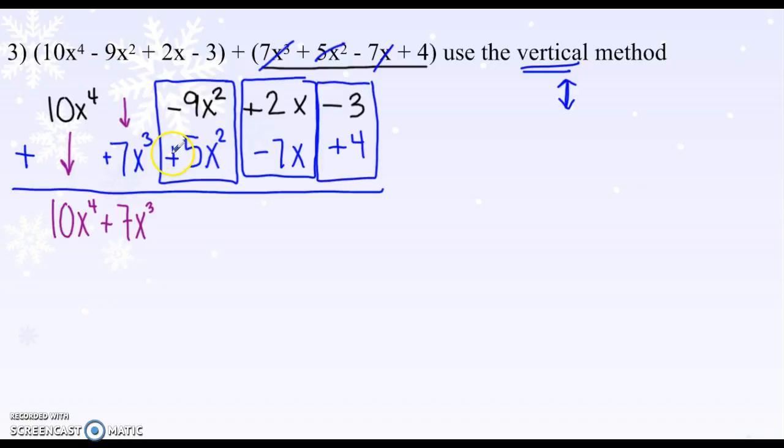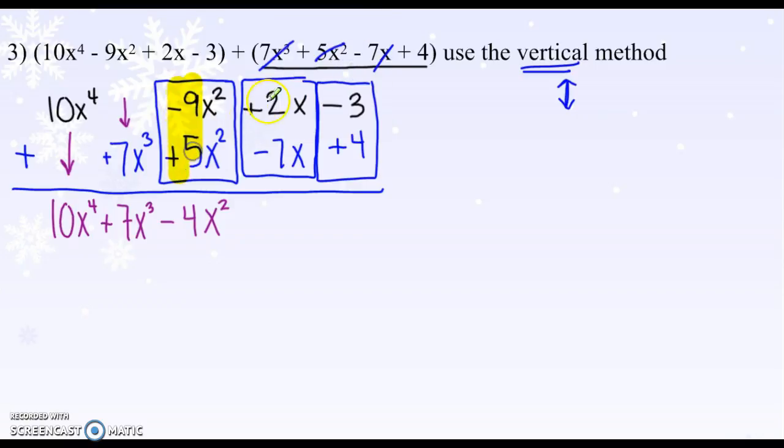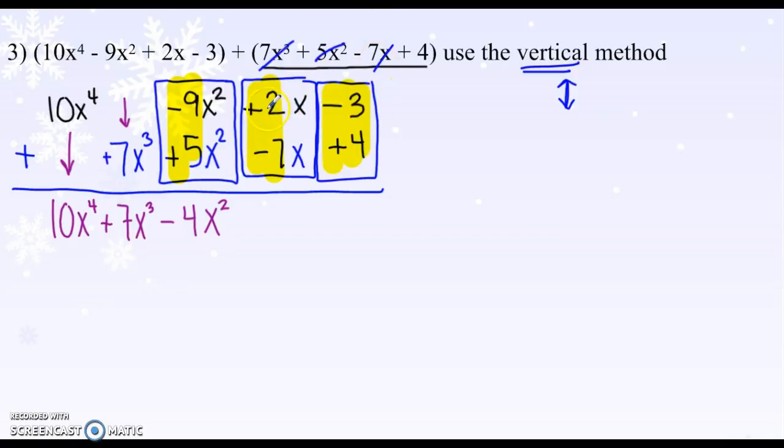Negative 9 and positive 5 are negative 4x squared. And since we're just adding, we're looking at the coefficients, those numbers in front, because those are the numbers that tell us how many we have, and that's what we're doing here.